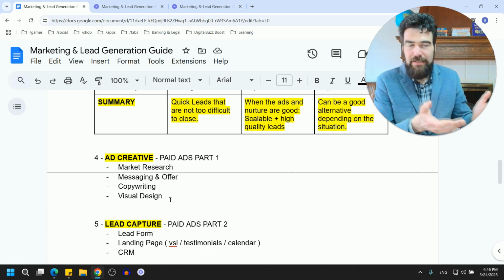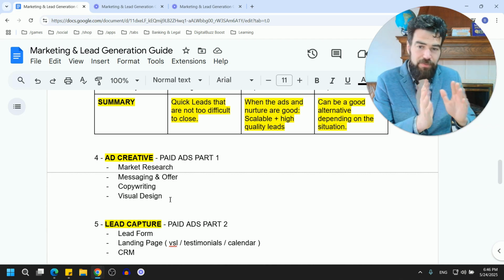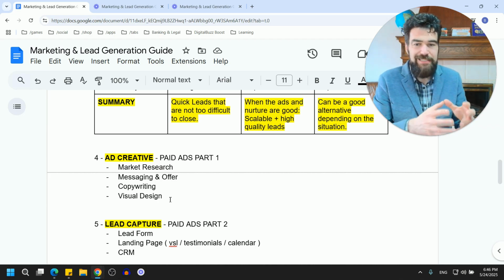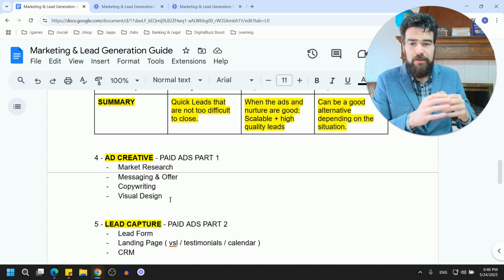It's a great strategy, but it doesn't work for every offer, of course. So these are really the most important things in creating a good advertisement, and this is what's going to determine the amount of leads you get and the quality of the leads that you get, right?